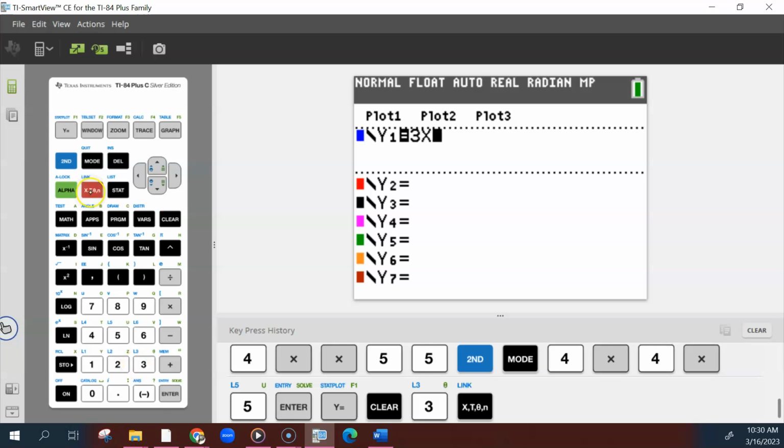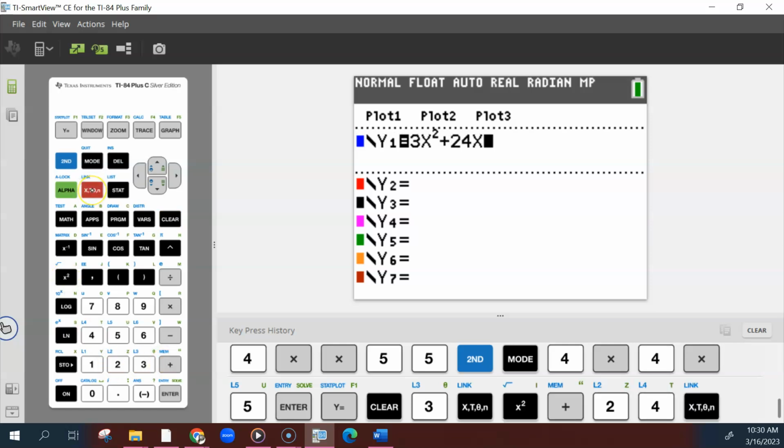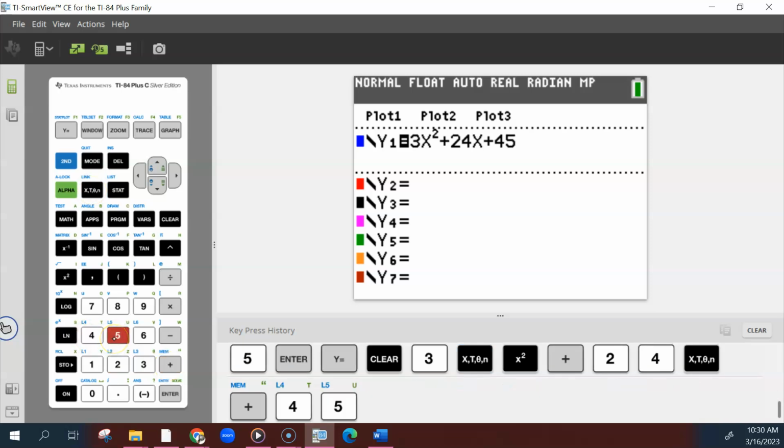So 3x squared plus 24x plus 45. And then we're doing this on the graph. You can hit graph.